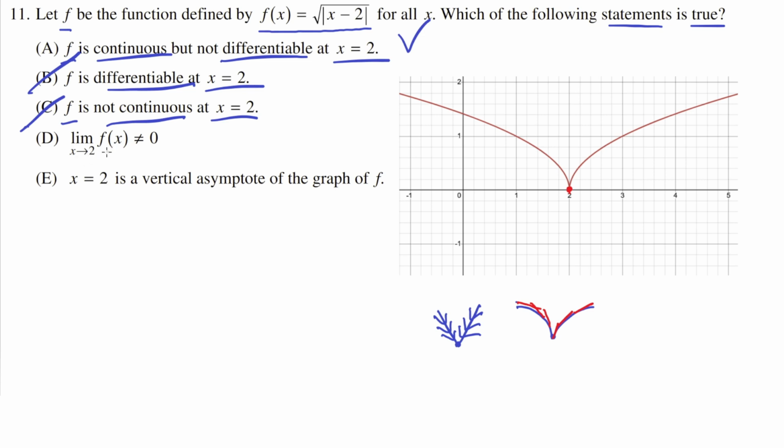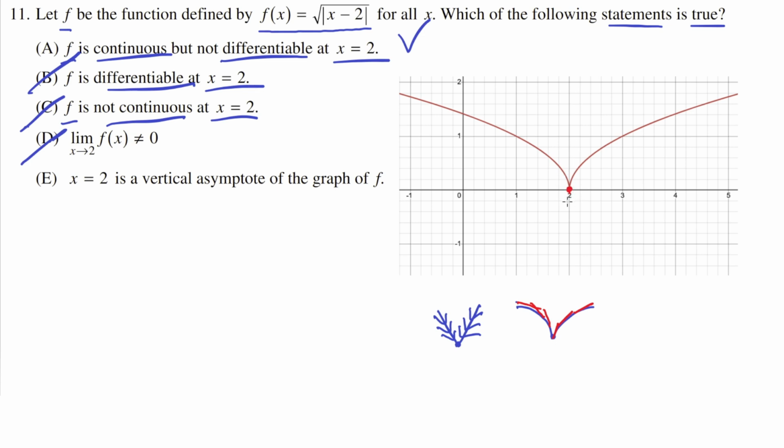D says the limit as x approaches 2 of f of x does not equal 0. This is false as well, because from the left, we see the graph is approaching f of x equals 0, and from the right, it is also approaching f of x equals 0.